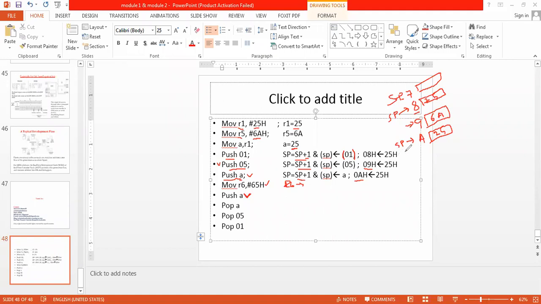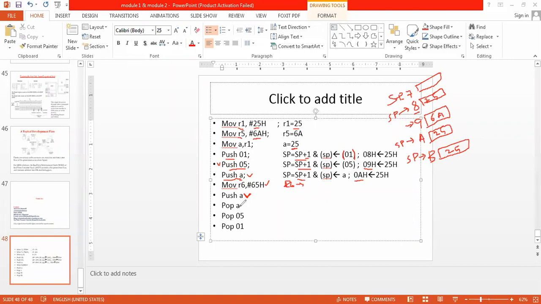If push is happening, the new value of SP is SP plus 1. First increment the SP and then load the value into that memory. So it will be 0BH. Inside 0BH, again 25 only will be stored.